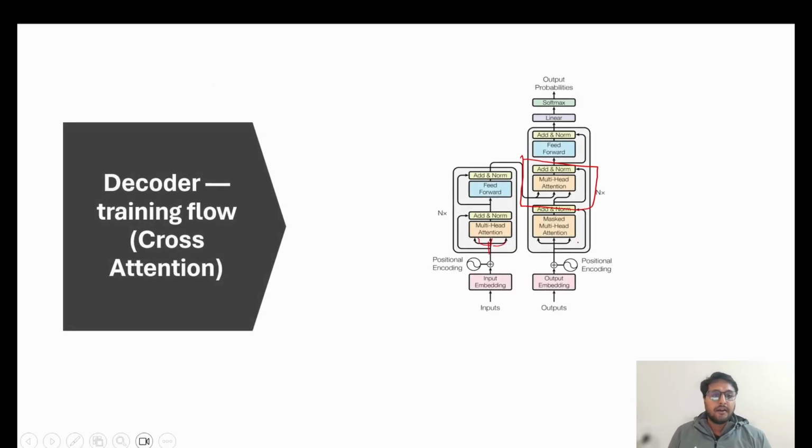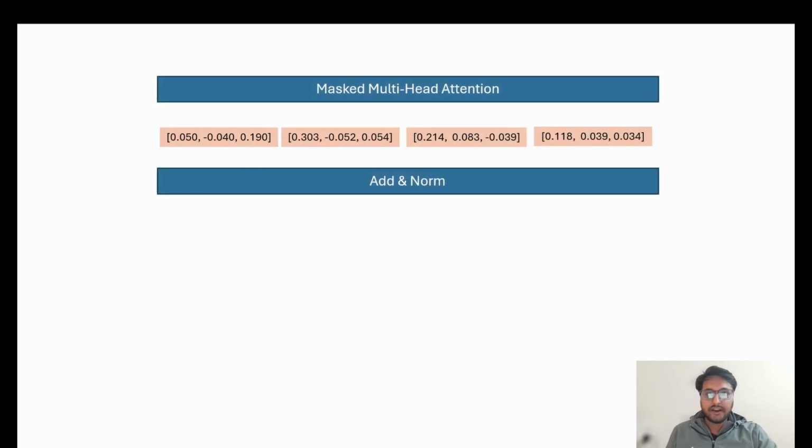But in cross attention, there are two lines coming from the encoder output and one line coming from the decoder hidden state. So let's understand what these arrows represent and what is happening inside the cross attention block. Let's move to the next slide.